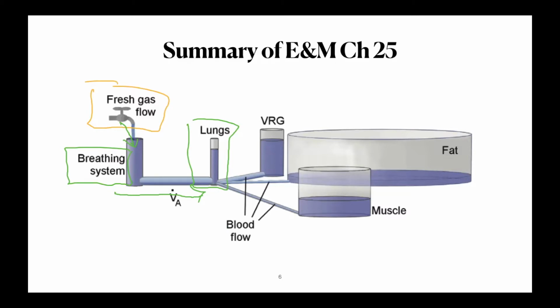And from arterial blood, it gets distributed to three compartments: the vessel-rich group, the muscle group, and the fat group. And we know from the previous diagram that in terms of the distribution of cardiac output, 75% heads off to the vessel-rich group, 20% heads off to muscle, and then 5% heads off to fat.